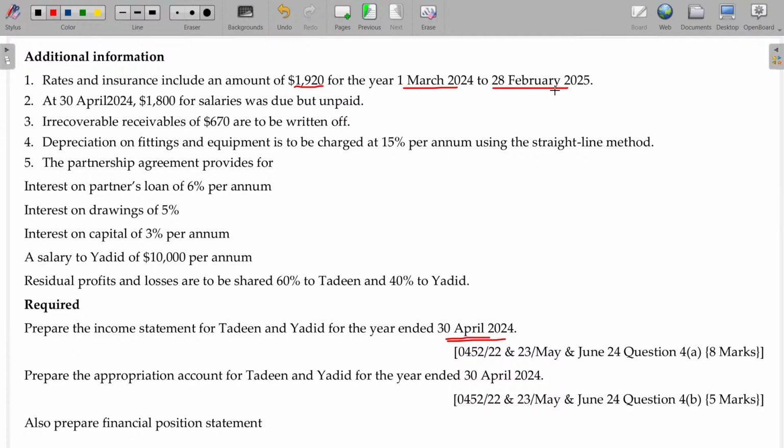Okay. So you have to adjust this one here. Rates and insurance.